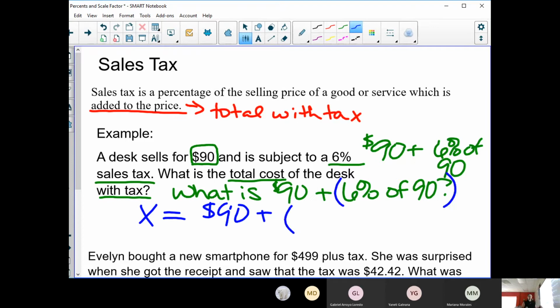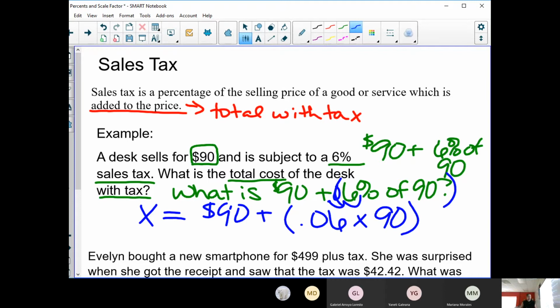So when I write 6% of 90, I need to change 6% to a decimal. And that is 0.06, because I move that decimal point 2 to the left. Put a 0 in the empty spot. Of tells me multiply. And 90. So we're looking for 90 plus 0.06 times 90. Okay.